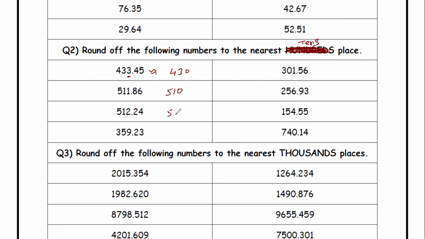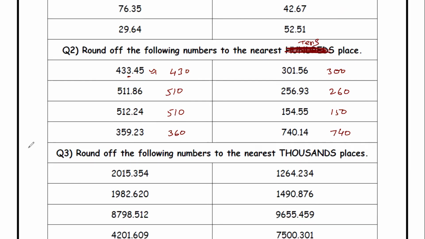This one would be 510. This one would be 360. This one would be 300, 260, 150, 740. Got it?